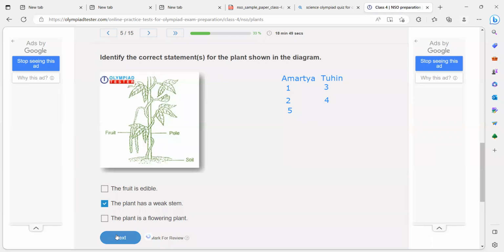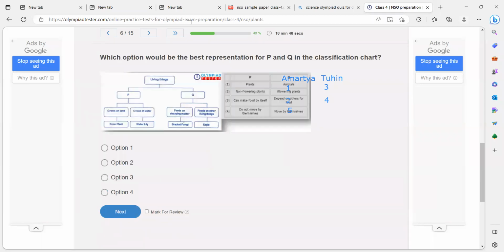The next one, Tuhin is going to tell me. Tuhin, tell me this one. Ma'am, what is this spelling? Can you tell me?